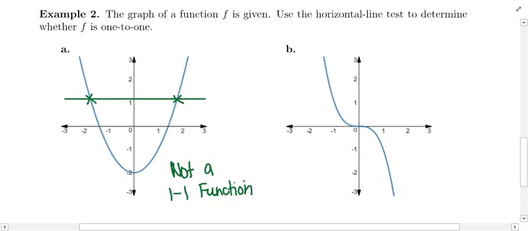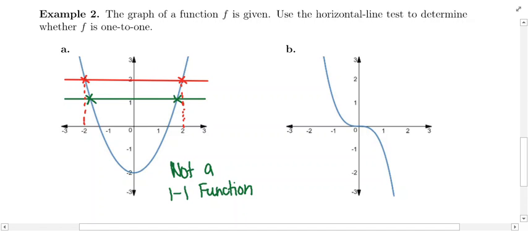Why is that? Well, let me show you. Let me draw a slightly different horizontal line, something like maybe right here. This horizontal line also intersects the parabola twice. What's happening when your horizontal line intersects the curve is that it's catching two different inputs that share the same output.